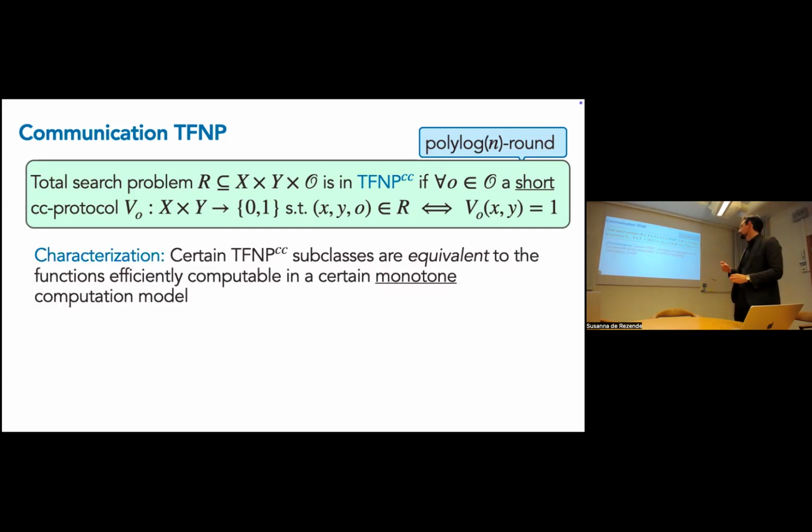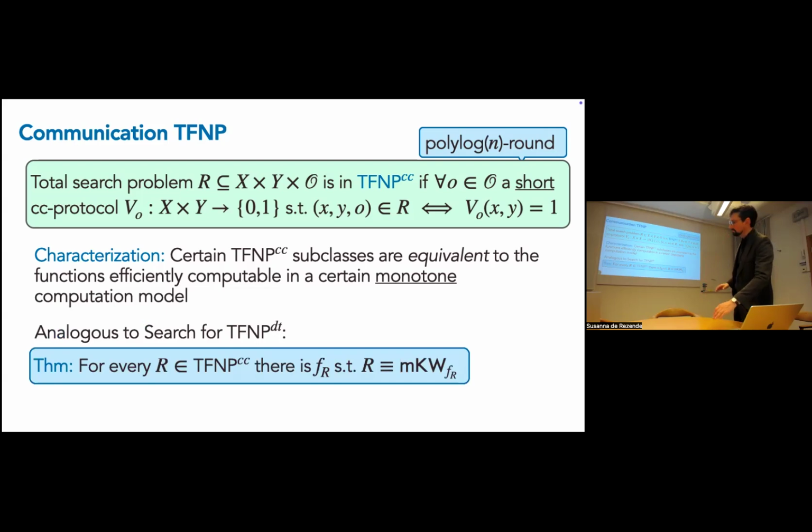We get characterizations that certain subclasses of communication TFNP are equivalent to functions computed in monotone models of computation. This is all analogous to the black box TFNP world. Just like the false clause search problem was a complete problem, a way to uniformly view black box TFNP, the monotone Karchmer-Wigderson game is the same for communication TFNP.